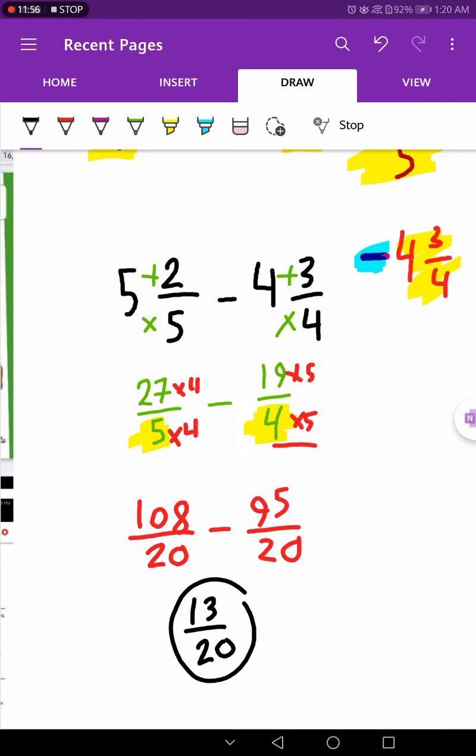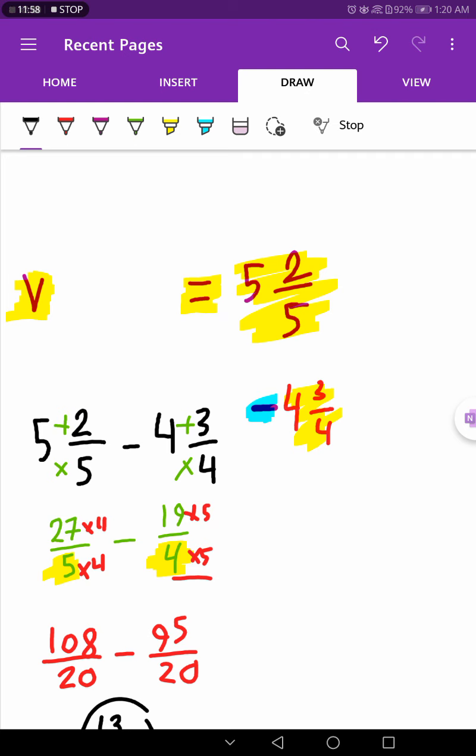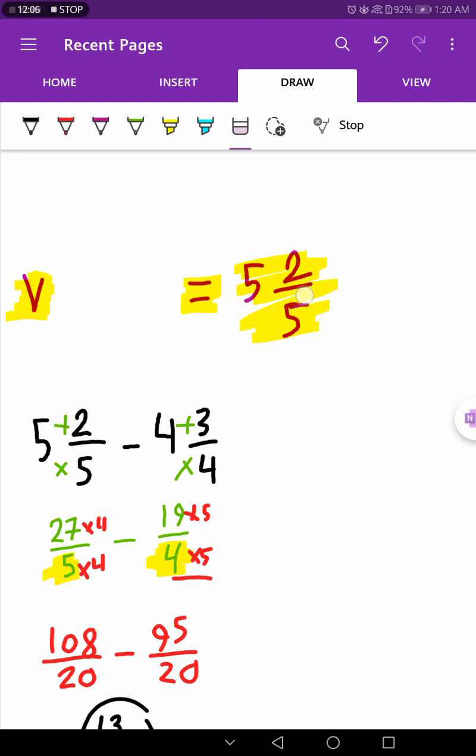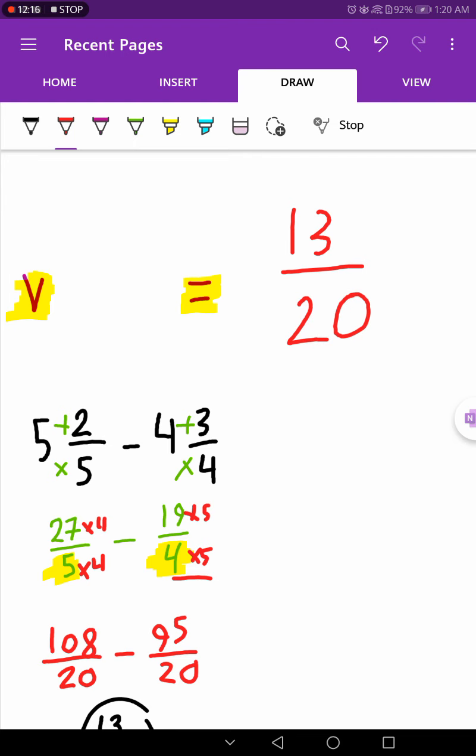So come back here. So the difference between this and this is 13 over 20. So erase everything here. You will find now the value of the v that makes the equation correct, which is 13 over 20. Or you can say, I found the solution for the equation.